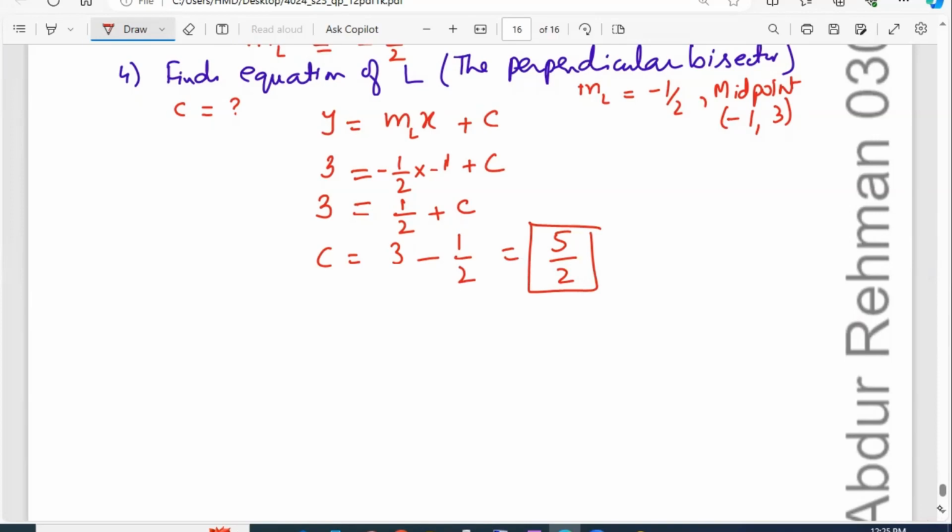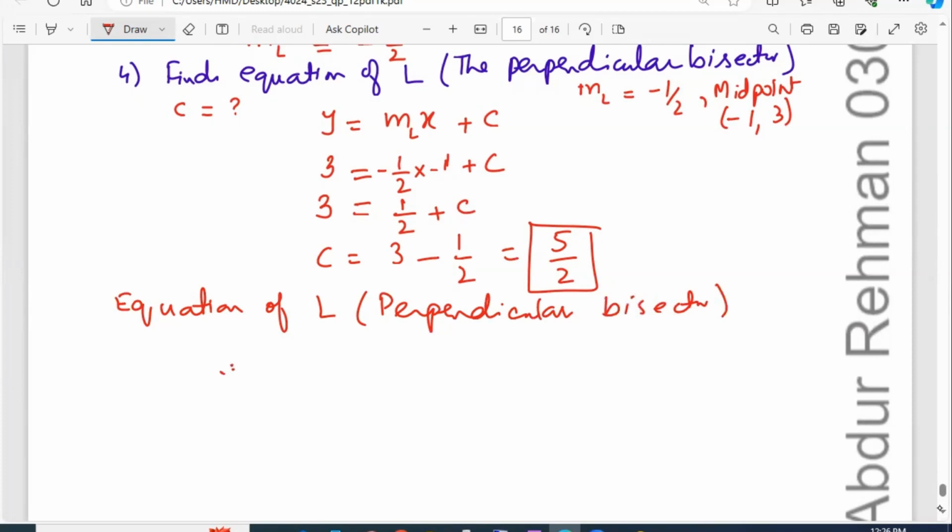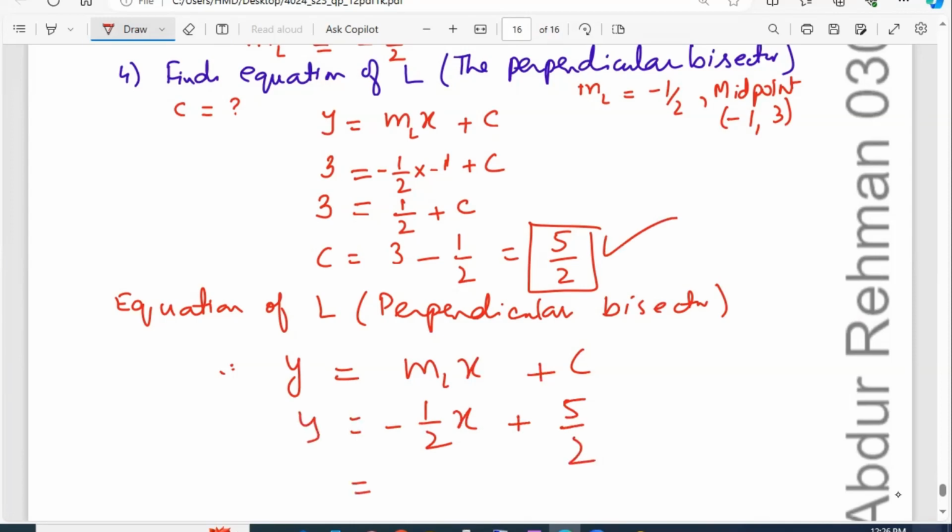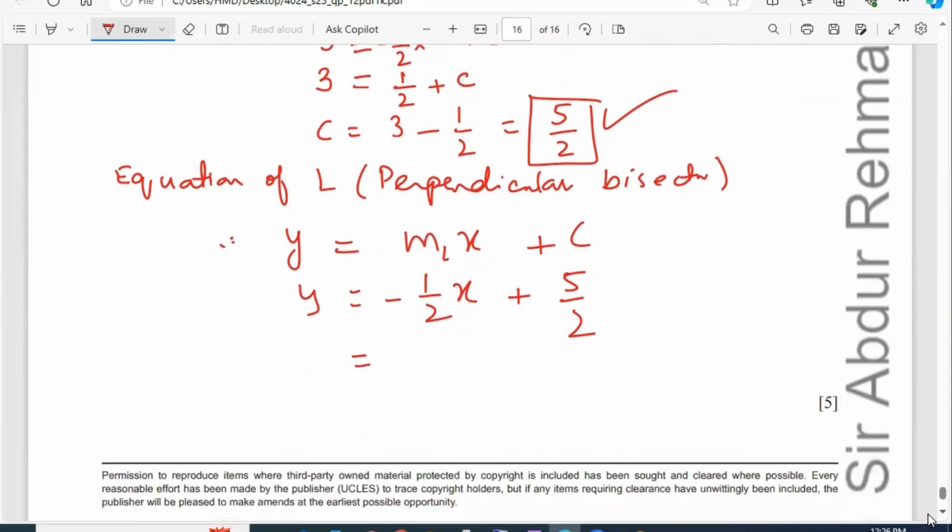Now the equation of the perpendicular bisector L will be y equals mx plus c. Put the gradient, which is -1 over 2 x, plus c, which is 5 over 2. Now after simplification, 2 is the LCM here: y equals (-x plus 5) over 2.